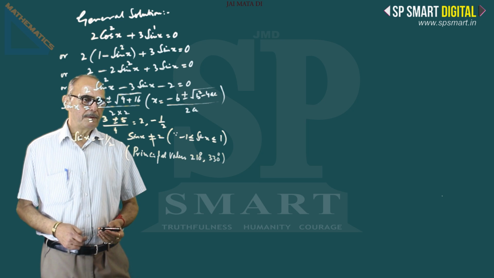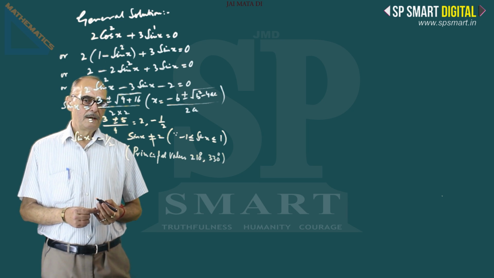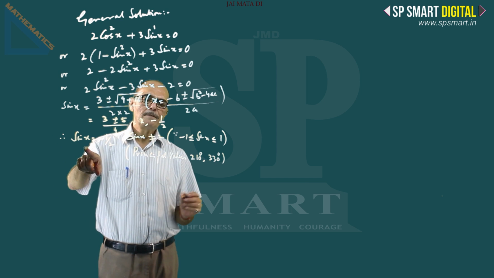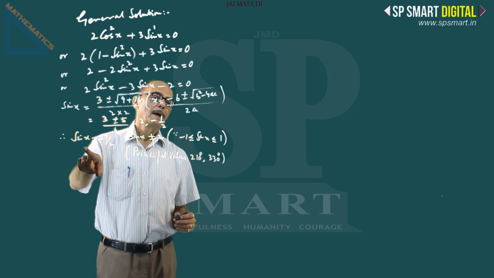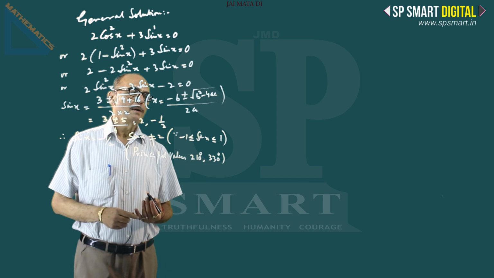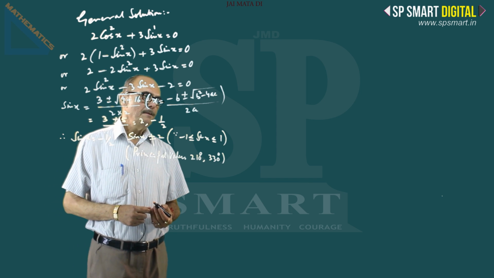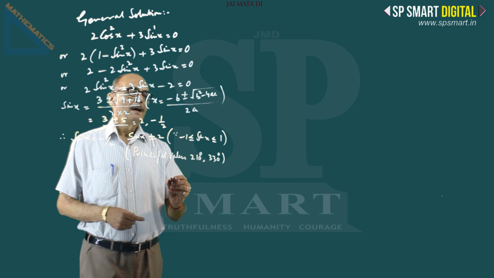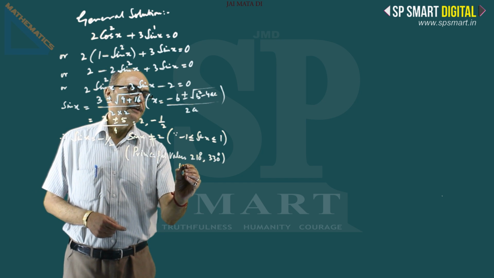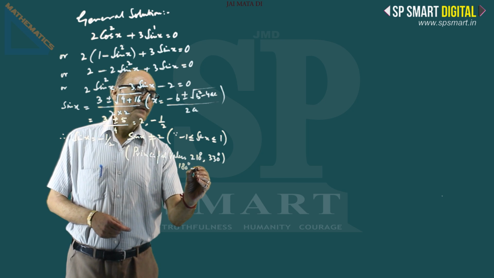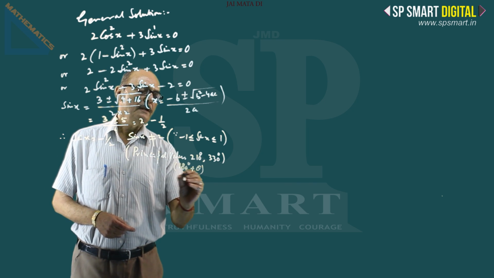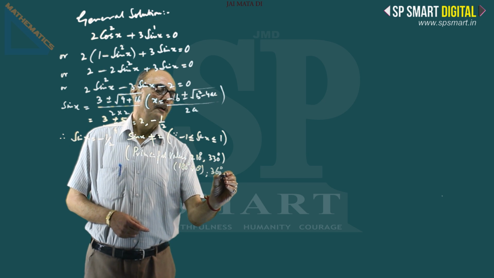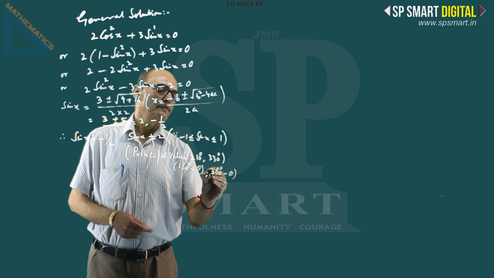Principal values lie between 0 and 360. Sin x is negative in third and fourth quadrant, and in third quadrant we have the value as 210. Of course, making use of that chart, that is 180 degree plus theta we take in the third quadrant, 360 minus theta takes in the fourth quadrant.